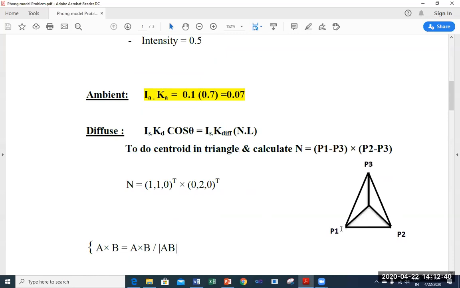So how can we write the n value? P1 minus P3 and P2 minus P3.